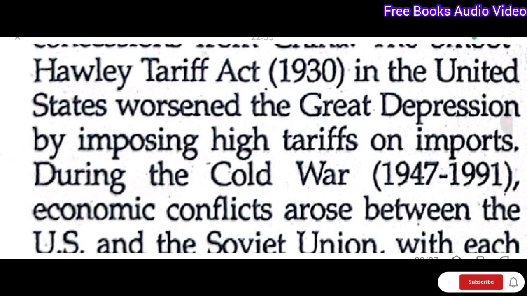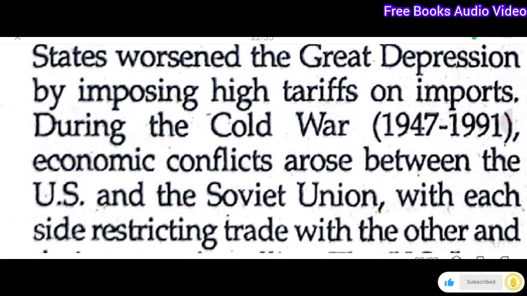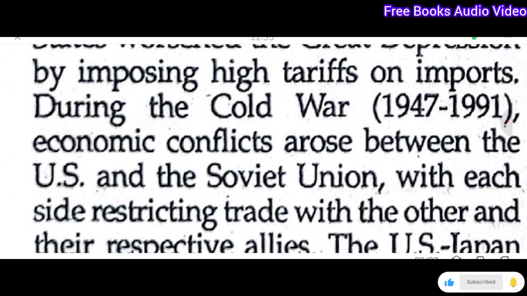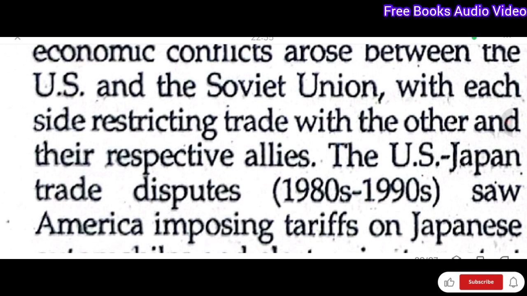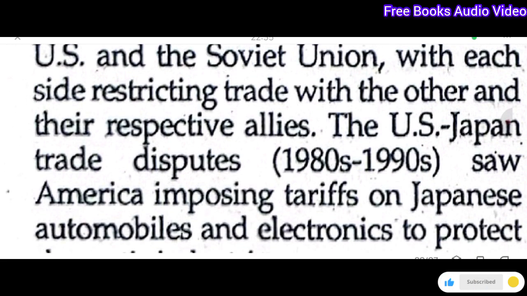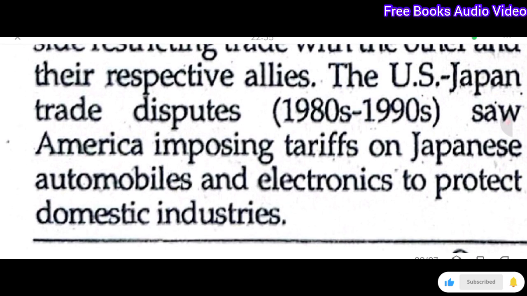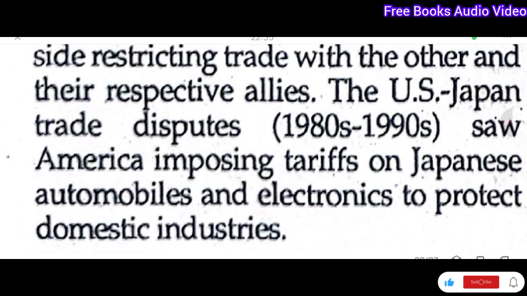During the Cold War, 1947 to 1991, economic conflicts arose between the US and the Soviet Union, with each side restricting trade with the other and their respective allies. The US-Japan trade disputes of the 1980s to 1990s saw America imposing tariffs on Japanese automobiles and electronics to protect domestic industries.